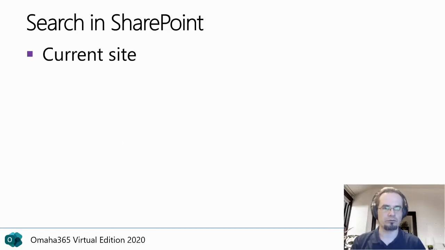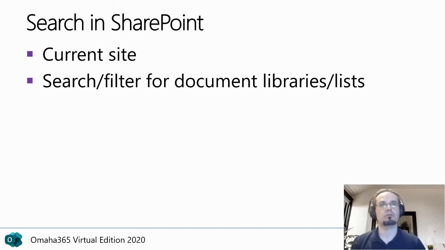So what we have here: current site. If we go to a SharePoint site and use the search feature, we'll be querying the current SharePoint site. And the same if we use the search bar on a specific document library or SharePoint list.